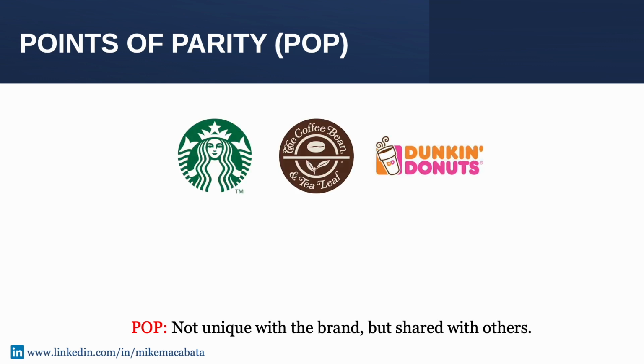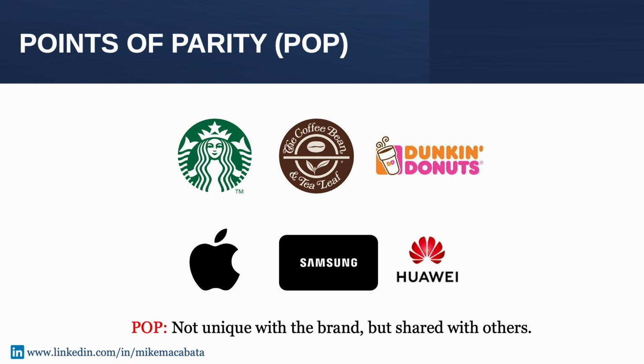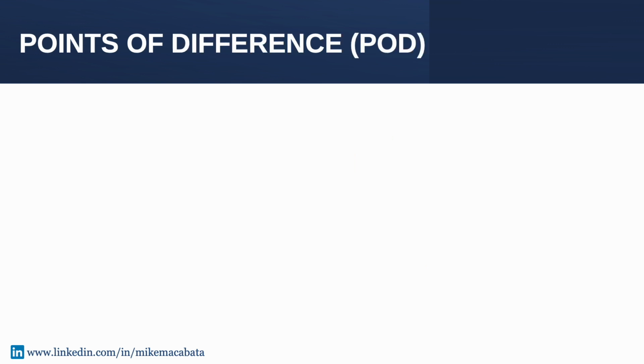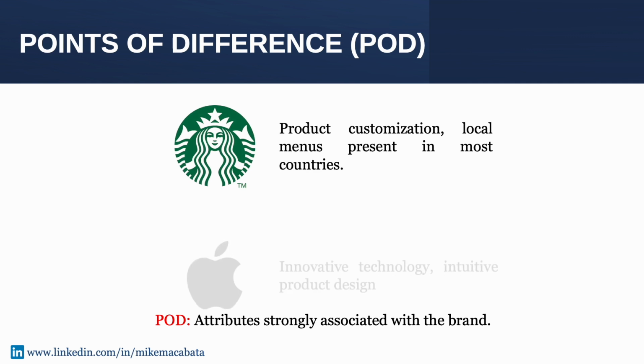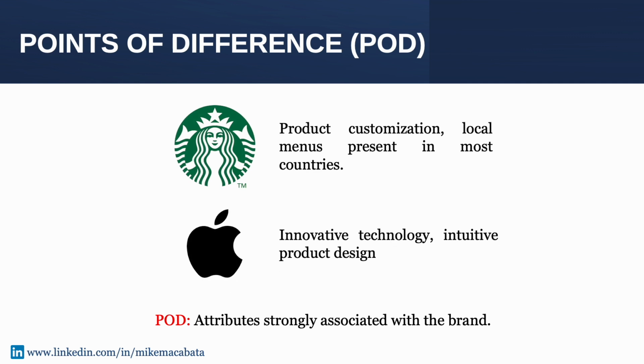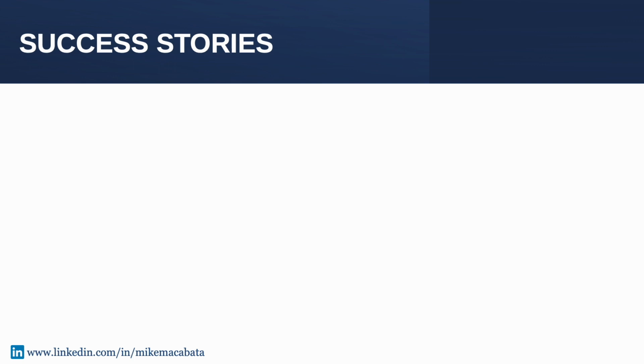Starbucks, Coffee Bean, Dunkin' all serve coffee and food, while Apple, Samsung, and Huawei are all in the tech and gadget space. However, there are certain attributes or benefits that consumers strongly associate with the brand, like Starbucks' product customization or Apple's innovative technology and intuitive product design. These are called points of difference or POD.